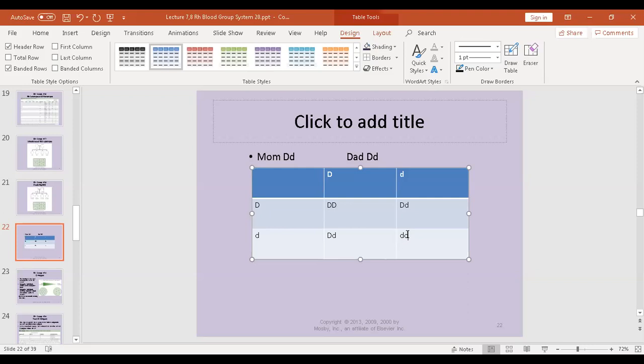So since we're both Rh negative, I can deduce that this is the only way my parents' genotype could be, because if either one of them was big D, there would be no chance of Rh negative offspring. Okay, and here as we see, only 25% chance. So 75% chance of having an Rh positive child, only 25% chance of having Rh negative.